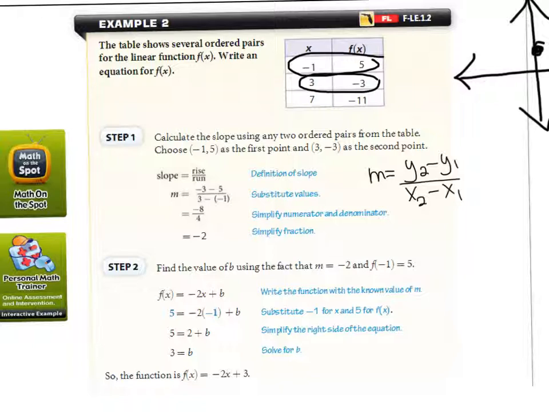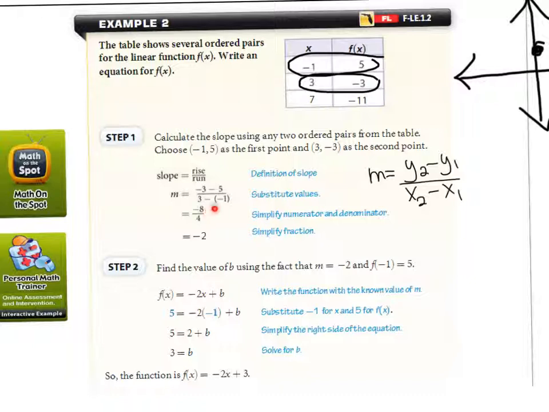So they plugged in the values and subtracted your f of x's, which again represent your y. So negative 3 minus 5. And then on the bottom, when they subtracted the x's, 3 minus negative 1.